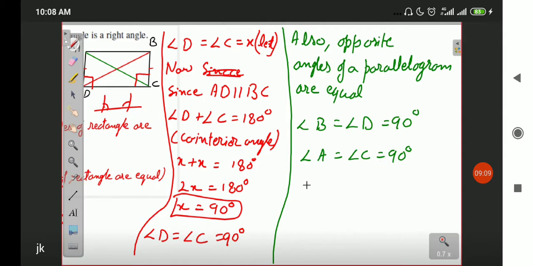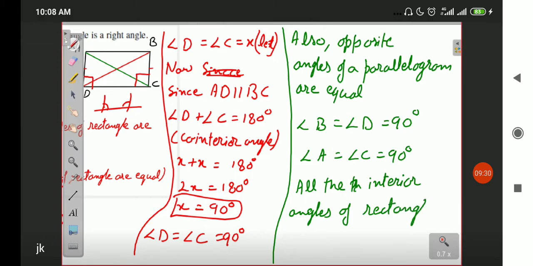So in that manner, all the interior angles of a rectangle are right angles. Okay. So in that manner, we have proved that all the interior angles of a rectangle are right angles.